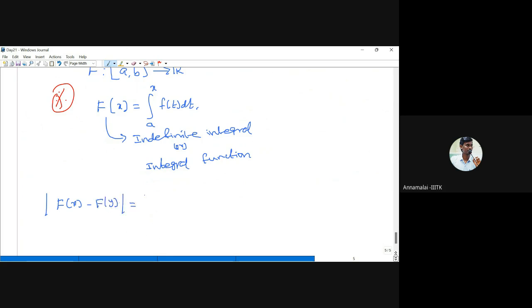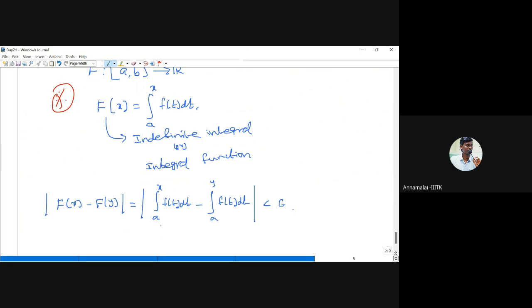So this is the modulus of integral a to x f of t dt minus integral a to y f of t dt. Now we can adjust this, and finally we get less than epsilon. The proof is lengthy, but I am simply saying that we get this epsilon.